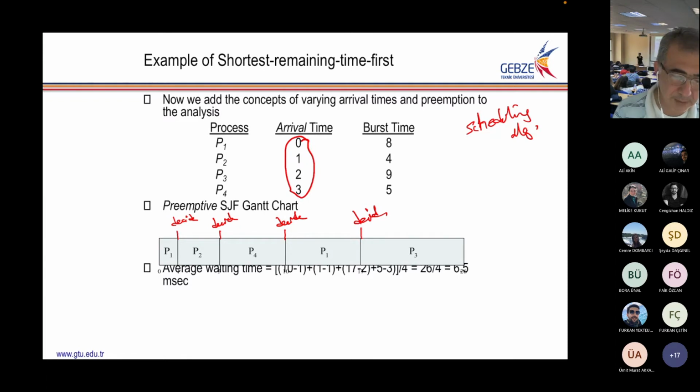Since arrival times are different, for example, at the time of P0, only one process has arrived. Therefore, P1 is about to run. But after P1 is finished, you can decide again.